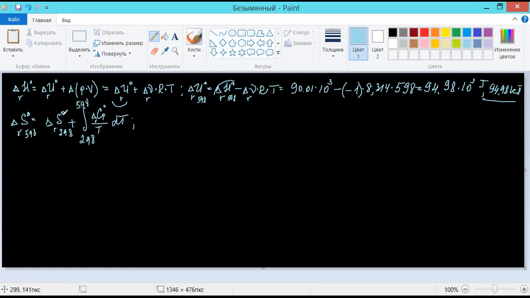First of all, let's calculate the value of the first term of the equation.